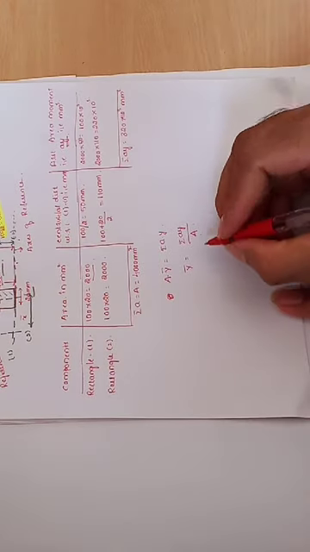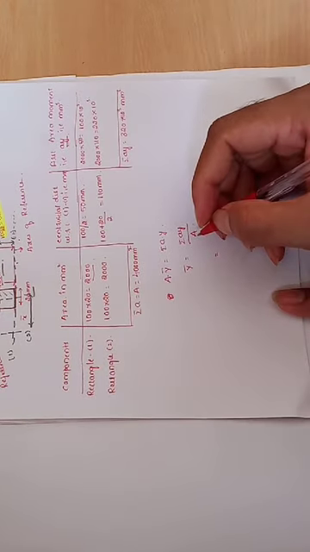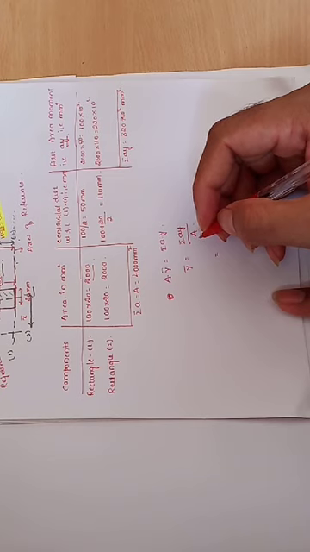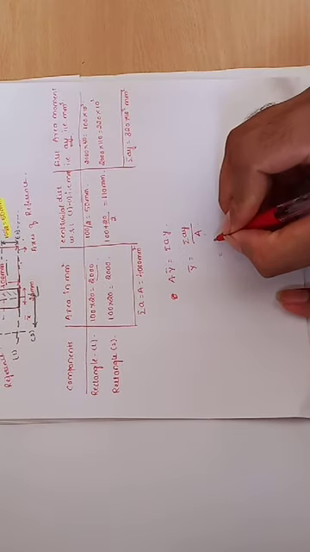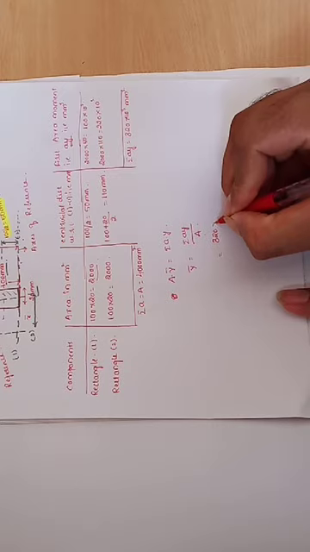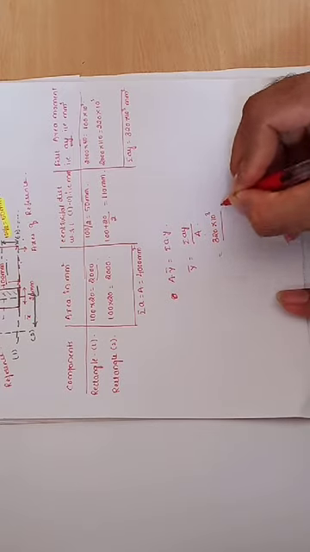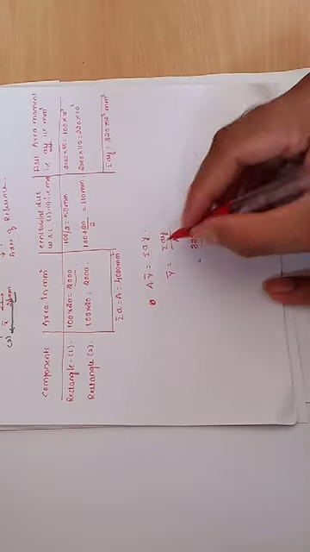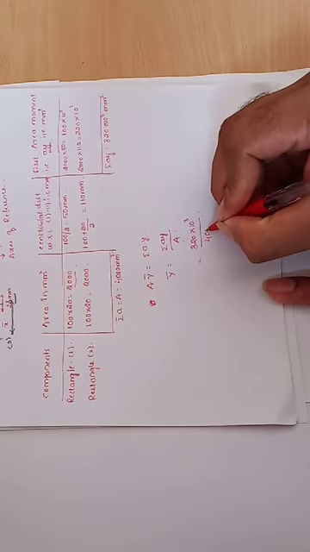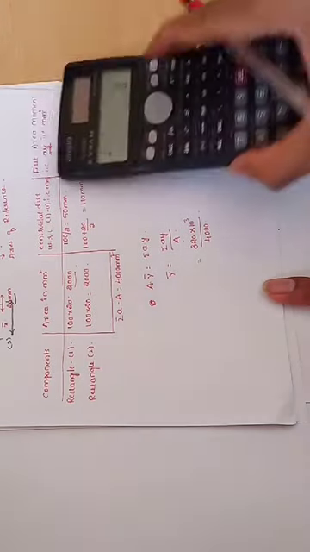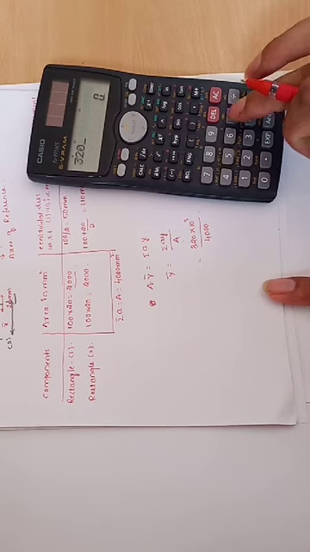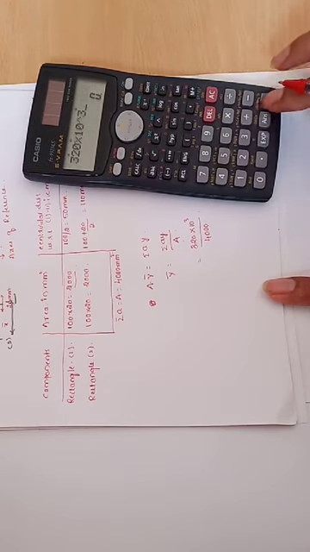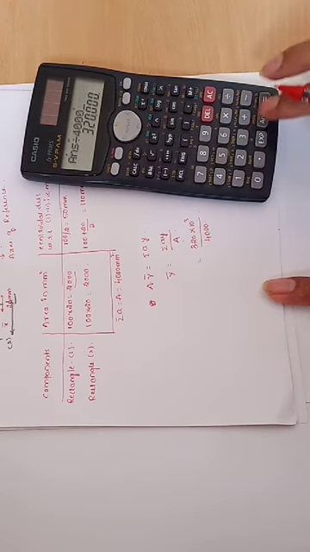So after finding summation of AY, y bar is equal to 320 into 10 to the power of 3 divided by 4000 millimeter square. So that will be 320 into 10 raised to 3 divided by 4000.